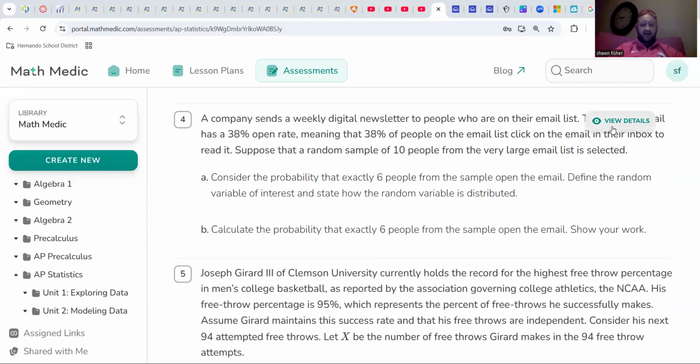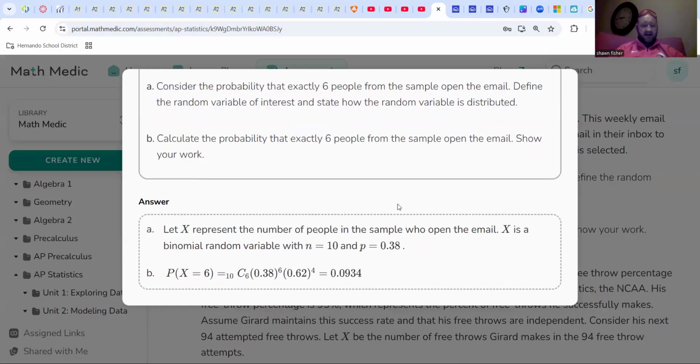I got a 93% chance that happens. That seems kind of high. Oh, I guess so. And there we go. No, not 93%, 9% chance. Sorry, I read it wrong. There we go, right there. All right. As long as it's binomial, we're good.